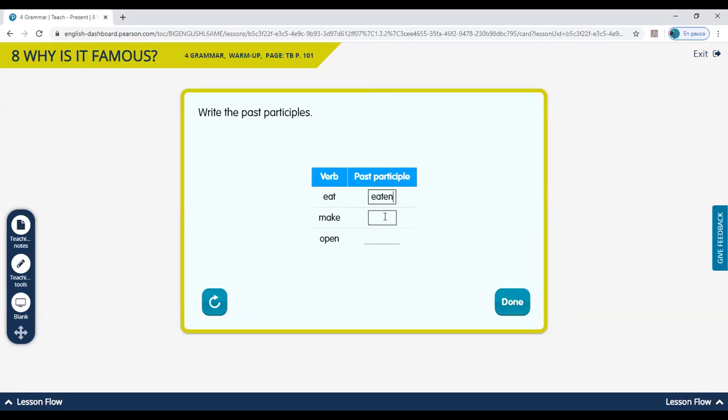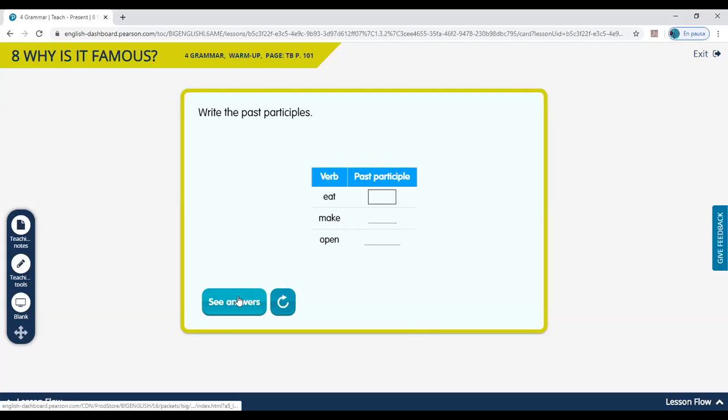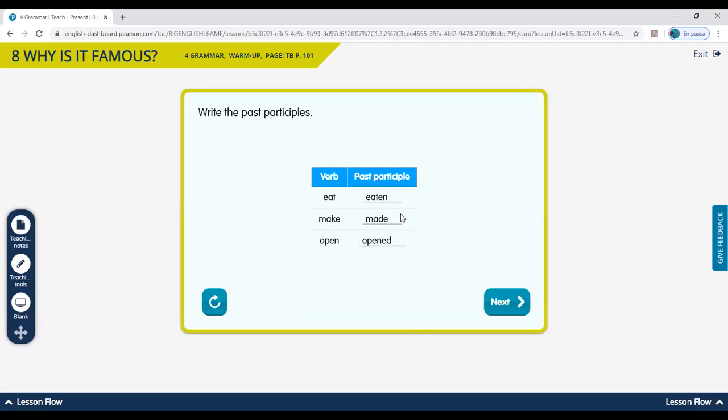Next. Do you remember this one? Hidden, made, and opened. Irregular, irregular, regular. See the answers. Eaten, made, opened. The next. Is it regular or irregular?